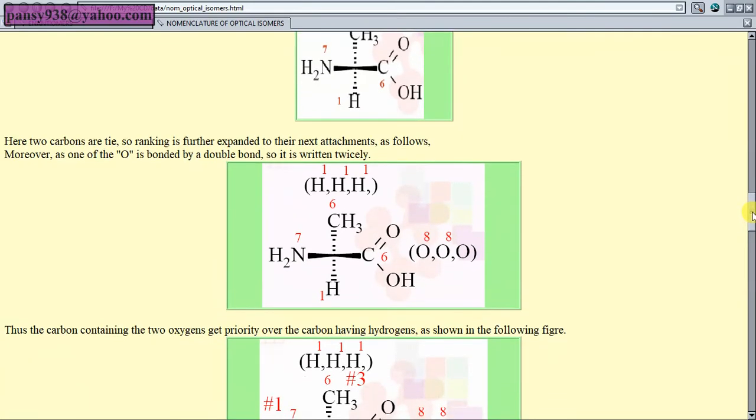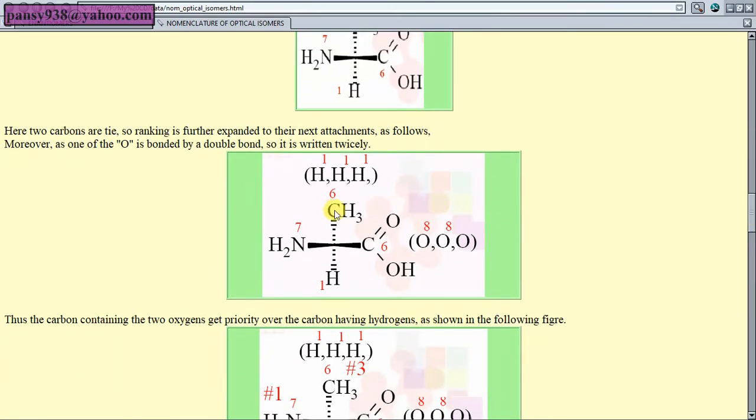You see that this carbon further contains 3 hydrogens, each having atomic number 1, and this carbon contains a double bonded oxygen. It is double bonded, so two oxygens are counted for its representation, and another oxygen.